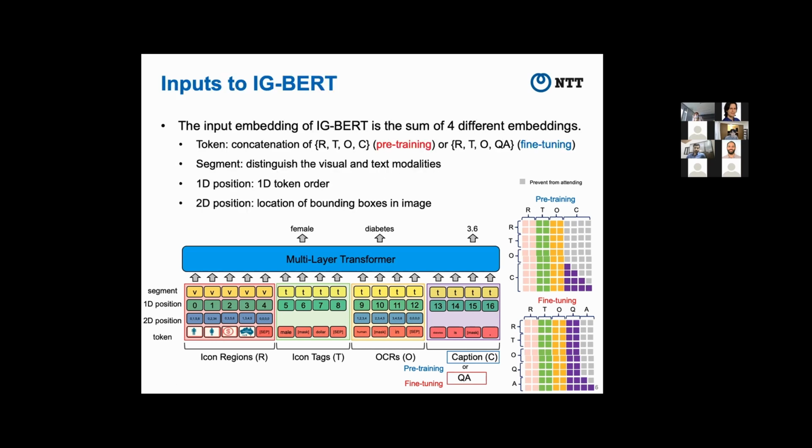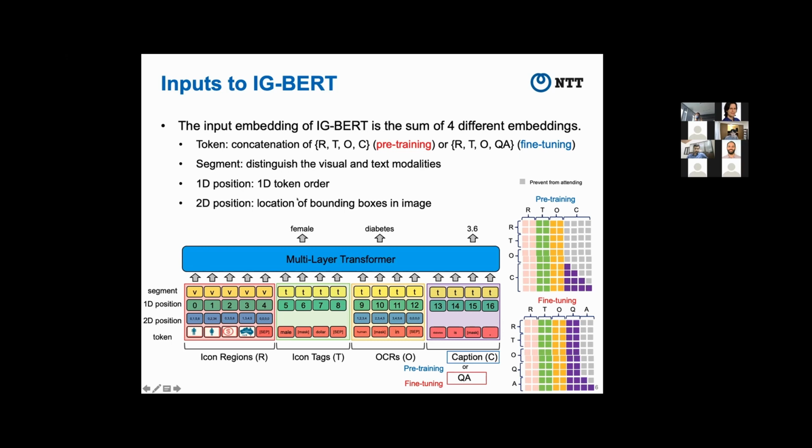Next, we define the input embedding of IGVART as the sum of 4 different embeddings. When pre-training, the token embedding is the concatenation of the icon regions, icon tags, OCR words, and caption. In the fine-tuning, the last sequence of the tokens is a question and answer instead of captions.